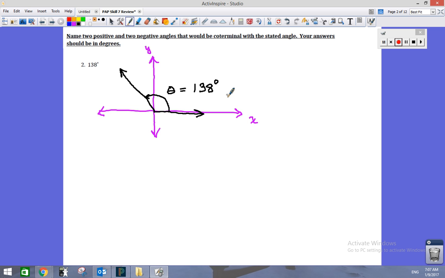Now, if I want to find angles that are coterminal to this, I want to add complete revolutions or subtract complete revolutions. So for two positive angle measures, let's just number them.